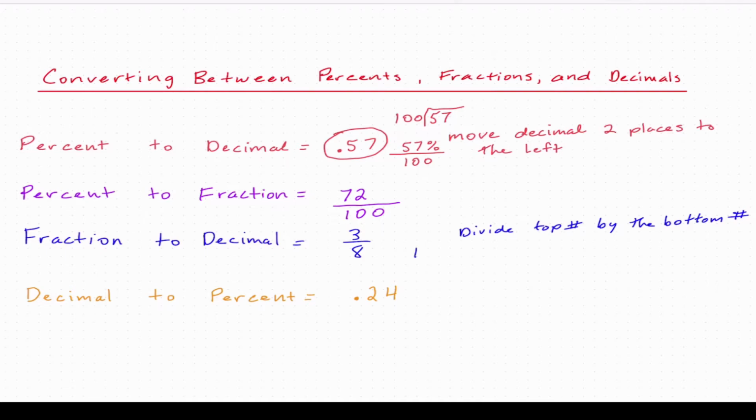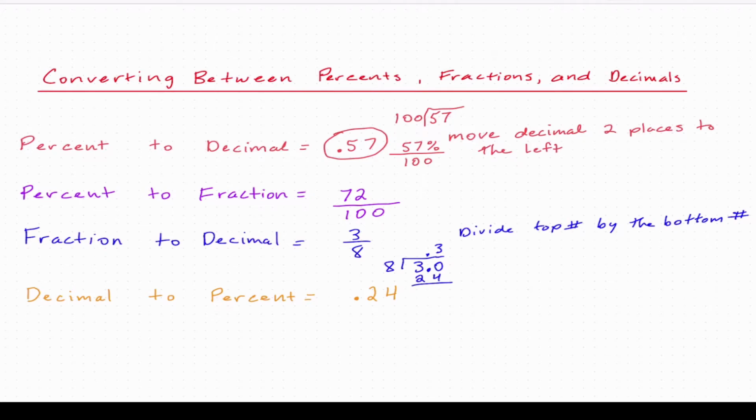So the top number goes inside the bracket, divided by your bottom number. Obviously you're going to have a decimal because 8 cannot go into 3, so we put our decimal here. We're going to add a 0, so that number becomes 30. Can 8 go into 30? Yes, 3 times. So you get 24.